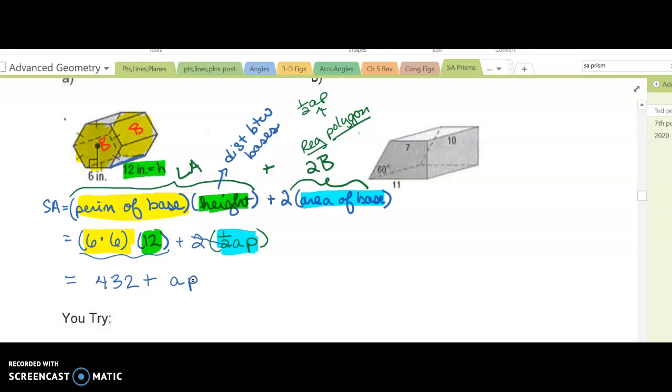Now remember with me, we already found the perimeter, right? We already said that the base has each side of 6, and then there's 6 sides. So I'm going to go ahead and throw in here that the perimeter, this is my P, is 6 times 6. Okay, and then all we have to do is find the apothem. Remember our strategy for this.